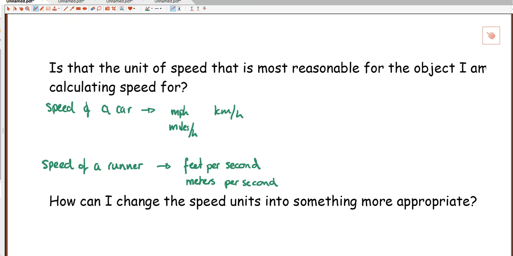Now, quick question, why would we use miles and hours and kilometers and hours for a car, but for a runner we would do feet and seconds or meters and seconds? Why do you think we've got the difference? What is it about the comparison between a car and a runner?